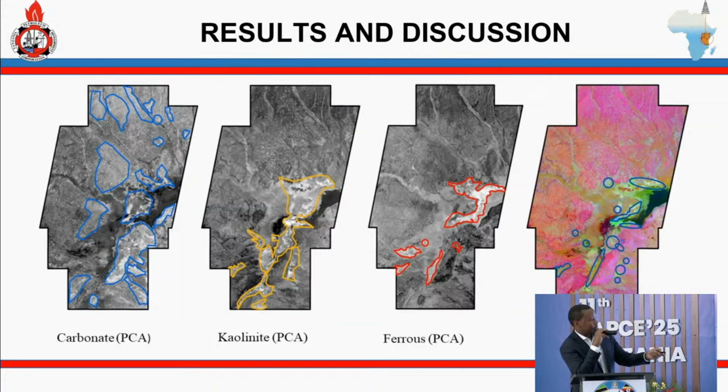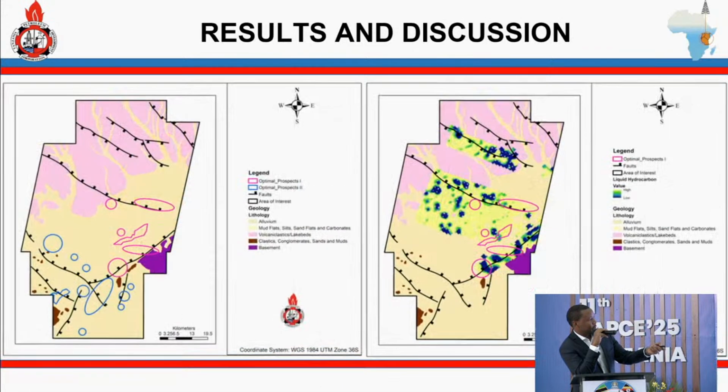With the areas, you can see, in relation to the geology as well, they are very near to the bounding, to the main faults of the area. So we did have to optimize those areas that were intersecting the AGI, the areas that were intersecting the results of the band ratioing, the areas that were intersecting the PCA, to get the assurance that where we are mapping, at least we are getting the same results from different angles.